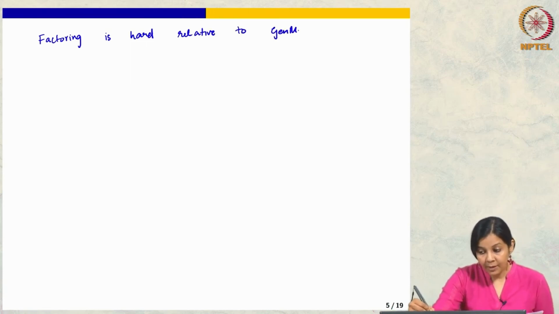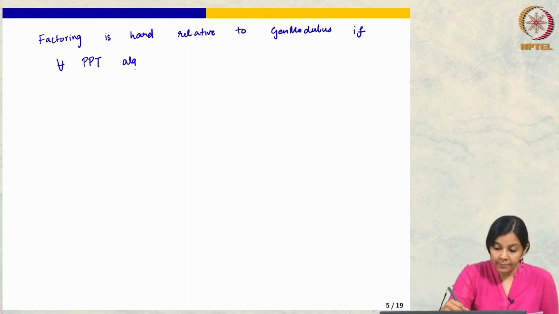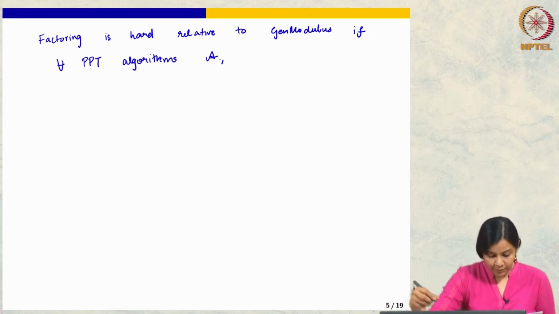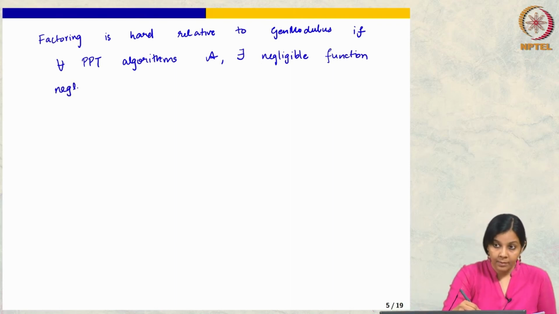Relative to some particular gen modulus experiment, if for all probabilistic polynomial time algorithms A, there exists a negligible function such that the probability that the experiment outputs a 1 is negligible, right.